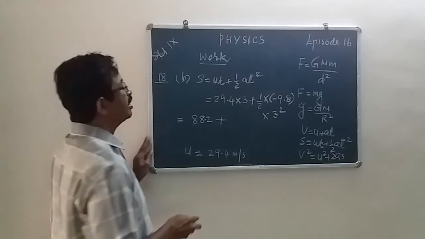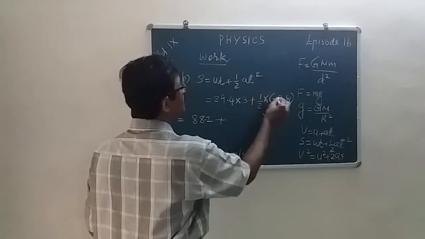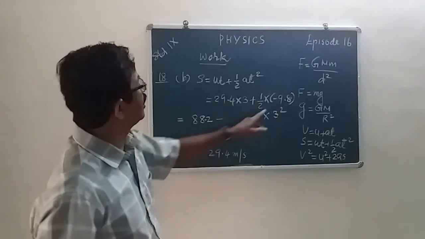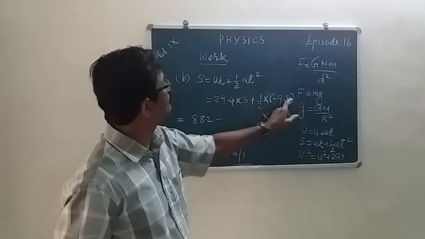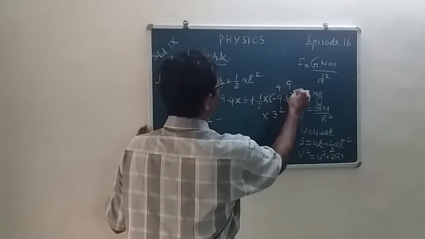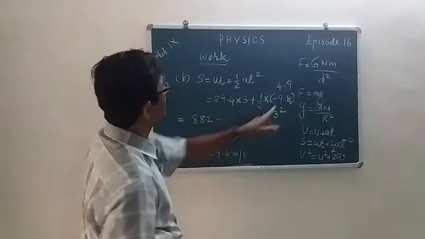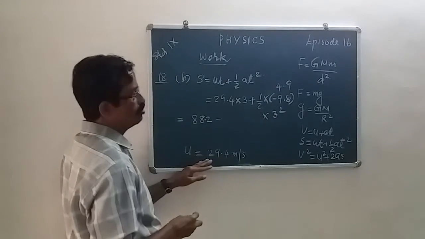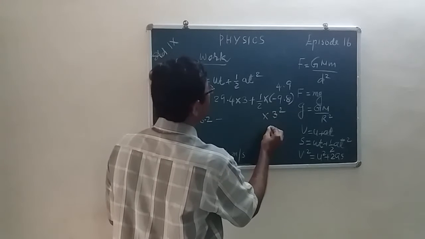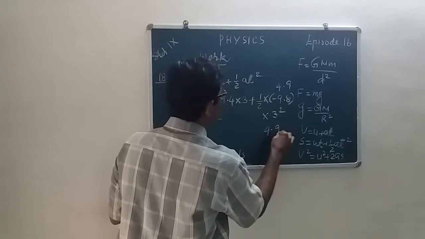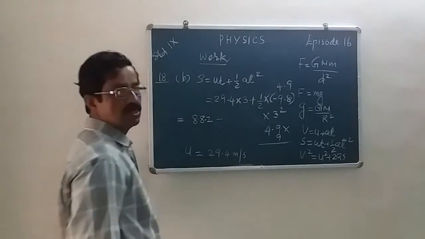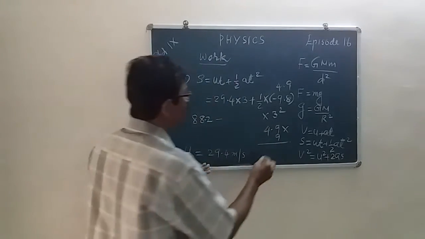Now, this plus into this minus becomes minus. And when we divide by 2, it becomes 4.9 into 3. 4.9 into 3 square. How much will it be? 3 square is 9. 9 times 9 is 81.